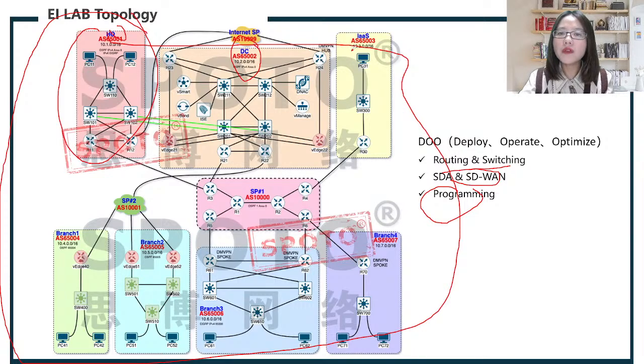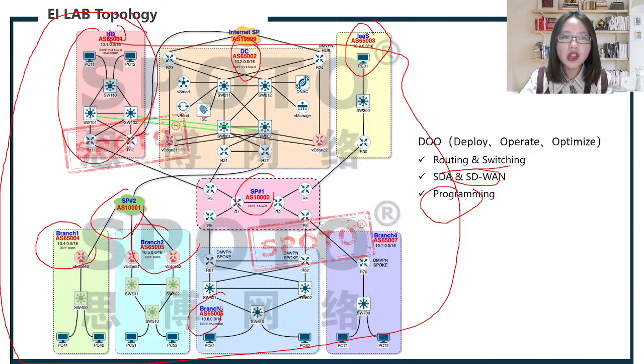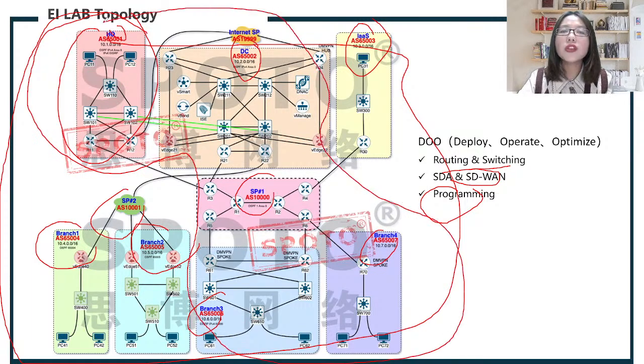The module on the right belongs to the IaaS, and the SP1, SP2 are connected, and the corresponding 4 branches are below the SP.